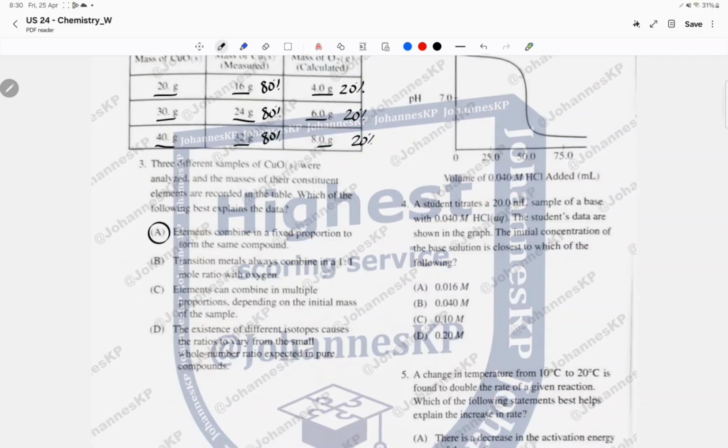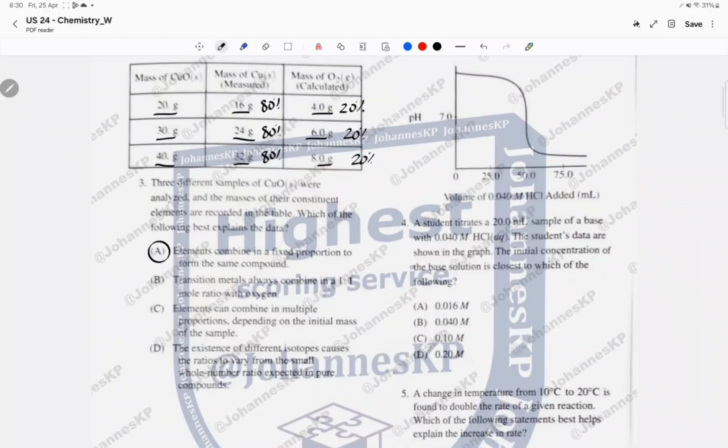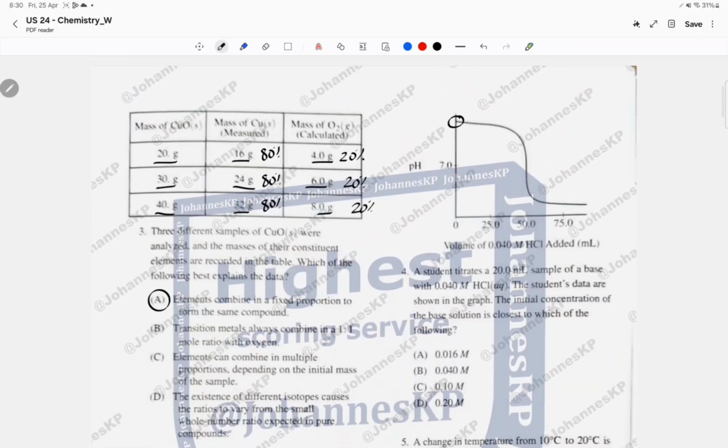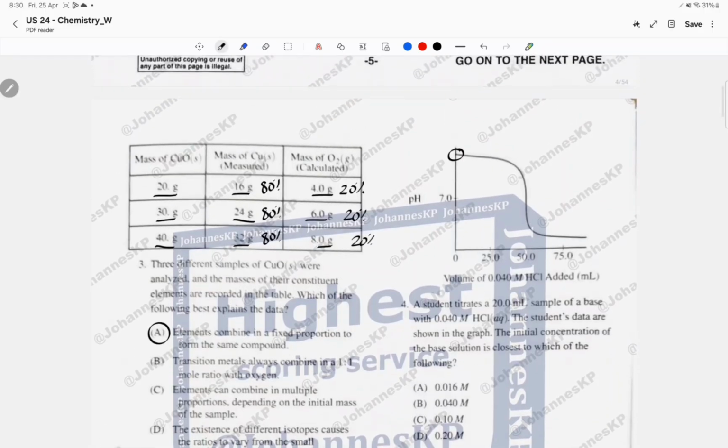Question 4. We have a titration of a base with a strong acid. And we should figure out what the initial concentration of the base is. So what we can do is MAVA is equal to MBVB. Ma is the molarity of the acid, 0.040.